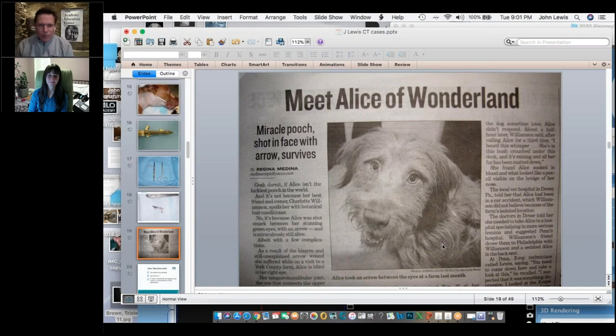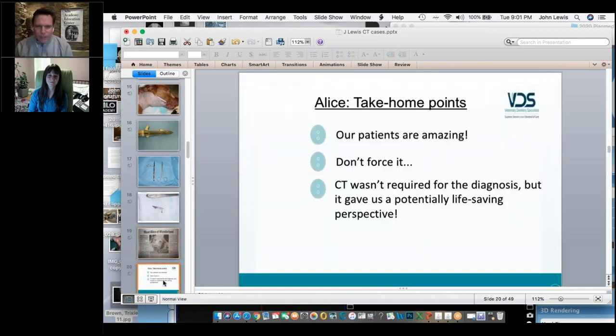But the take-home points from this case are basically our patients are amazing, and they can deal with stuff a lot better than we can. They're my idols. And another good point was don't force it on the awake exam. I think if I had tried to get a better look as to what was going on in the awake exam, it may have been a severe bleed all of a sudden with how close that blade was to some of the vessels.